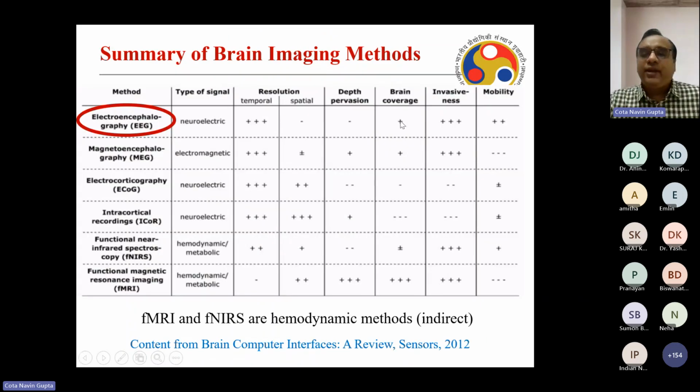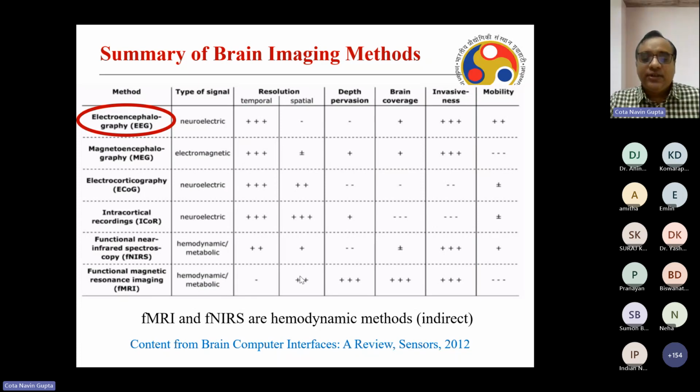And then the brain coverage and invasiveness: it's not an invasive one, right? It's a non-invasive technique, so you have a high non-invasiveness over here. Okay. Similarly, you can look at the fMRI. As I said, fMRI refers to monitoring the changes in blood oxygenation levels.